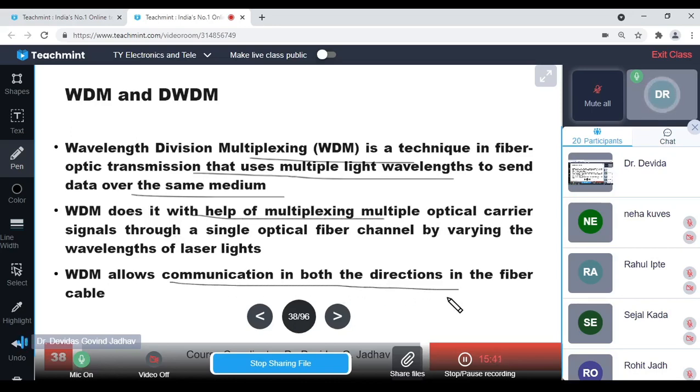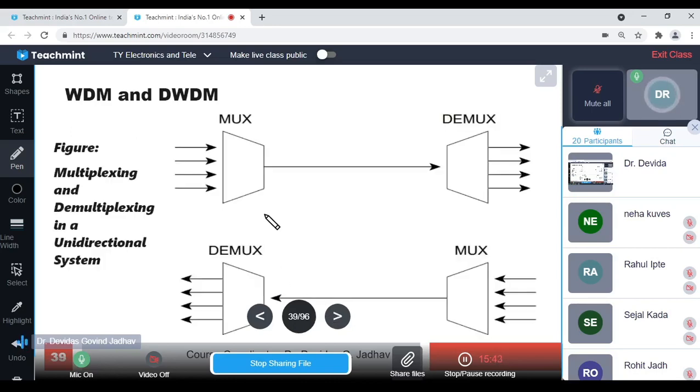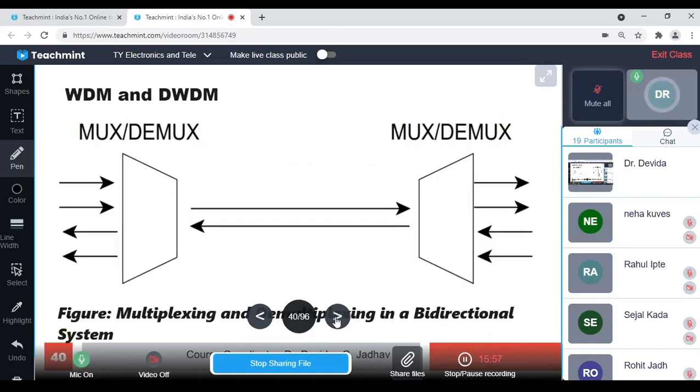WDM allows communication in both directions. So this is a unidirectional system. A multiplexer is there and a demultiplexer on the other side. If the other side has a multiplexer, it can send data, and it can have a demultiplexer. In the case of bidirectional, the same fiber and same multiplexer-demultiplexer system can do multiplexing and demultiplexing simultaneously.